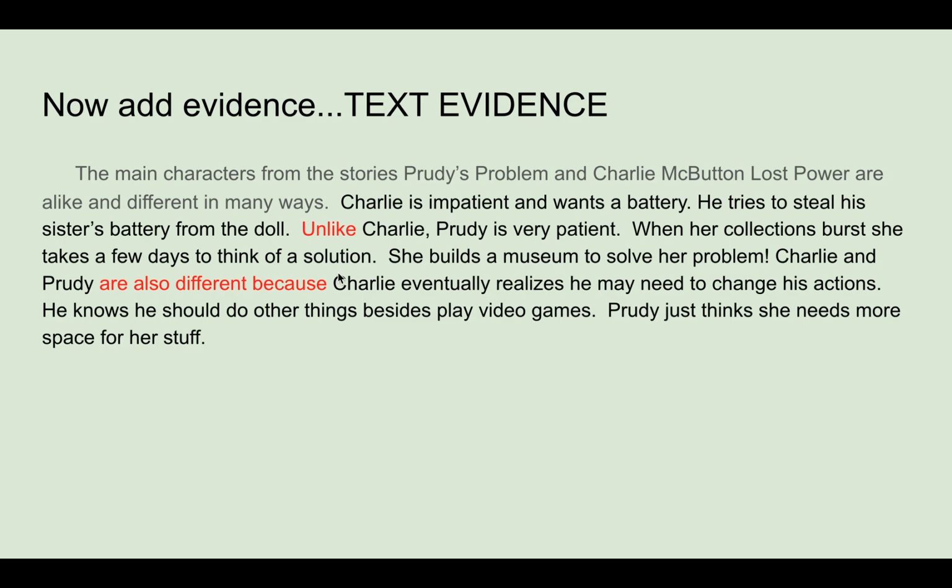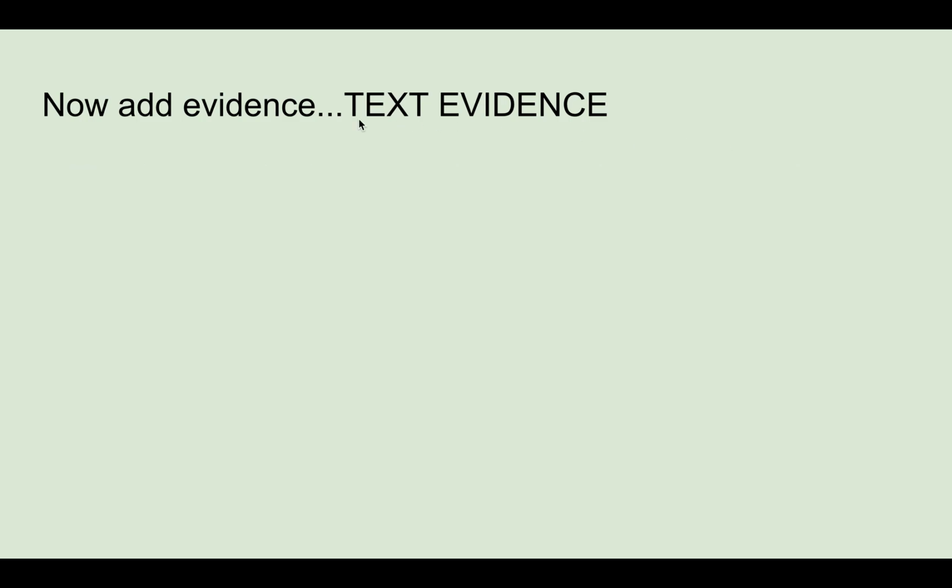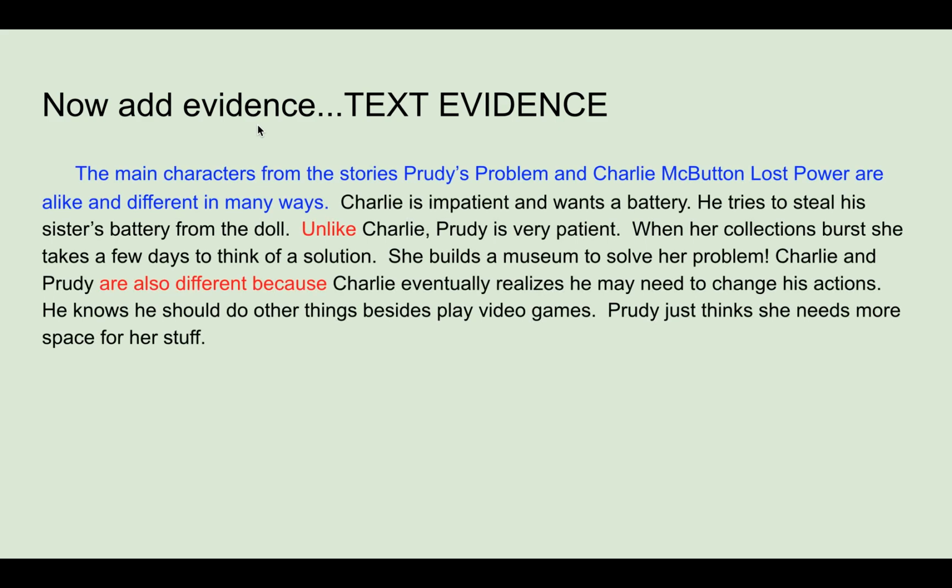All right, so I used that Venn diagram and I talked about how Charlie is impatient, how Prudy is very patient, how Charlie eventually realizes he has a problem, and how Prudy really just did not. All right, so notice here in blue I have my introduction.